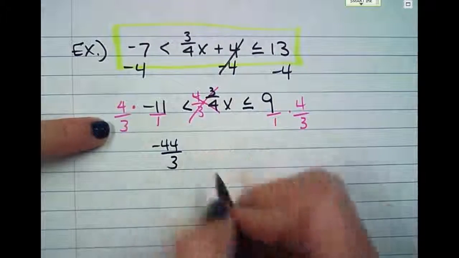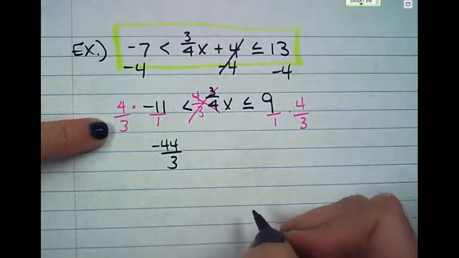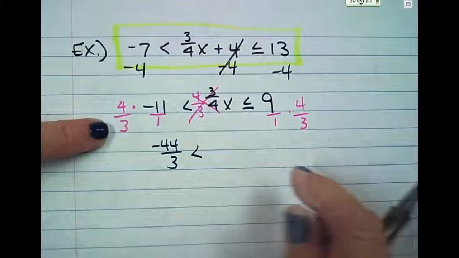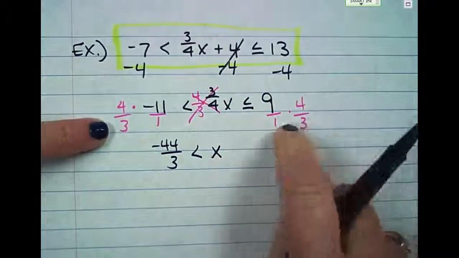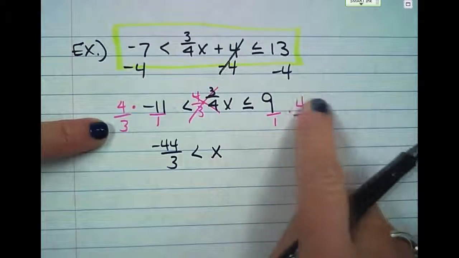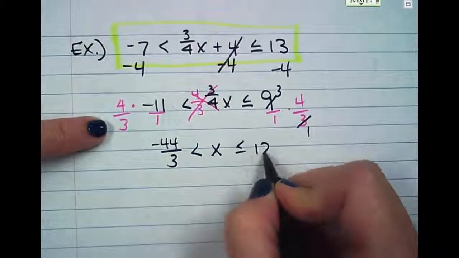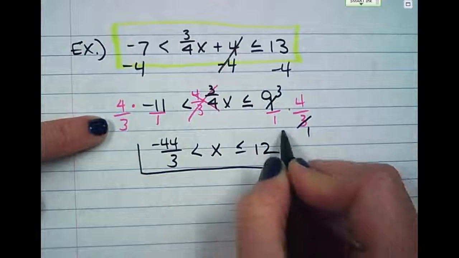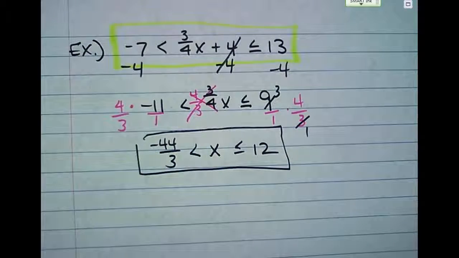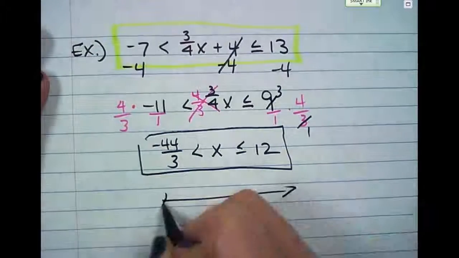Are the fractions getting easier? Yeah, I think they seem to be better at them. This is going to give me x. I can reduce here. This is a 1 and a 3, which gives me 12. Now build your number line. Reach your 0.